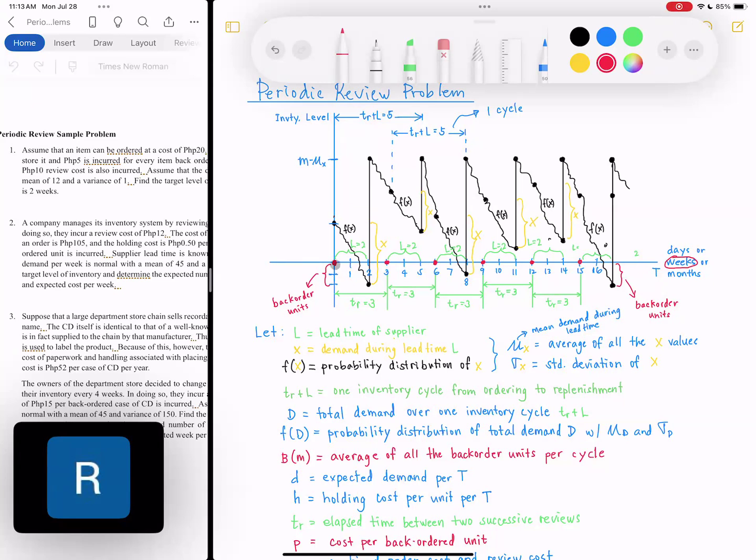So once you place your order here for 2 weeks, okay, there will be no replenishment for 2 weeks. So what happens is the demand will slowly deplete your inventory level. So let's say you start here when you're reviewing the inventory, this is your inventory level. Okay, it's depleted by demand.